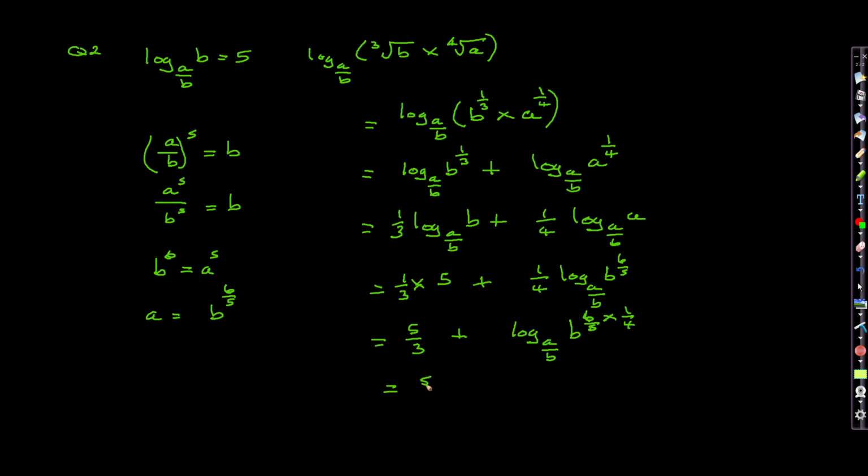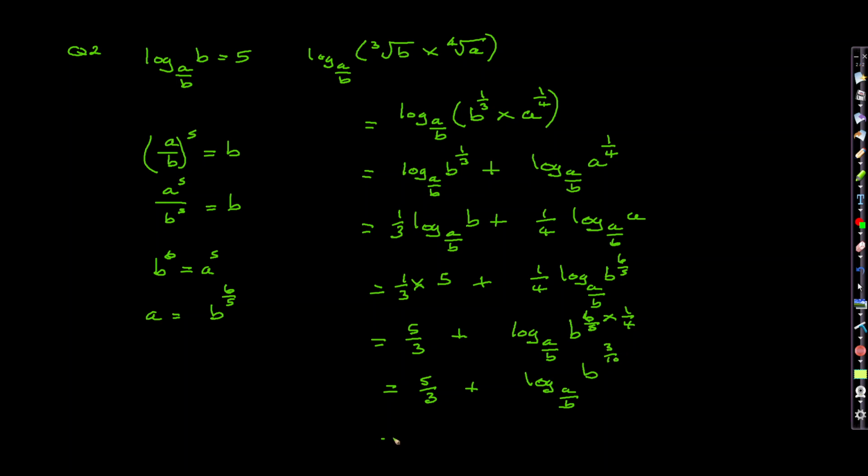So it's going to be 5/3 plus log base A over B, and that will be B to the power of, what are we going to get? 6/20, which is going to become 3/10.